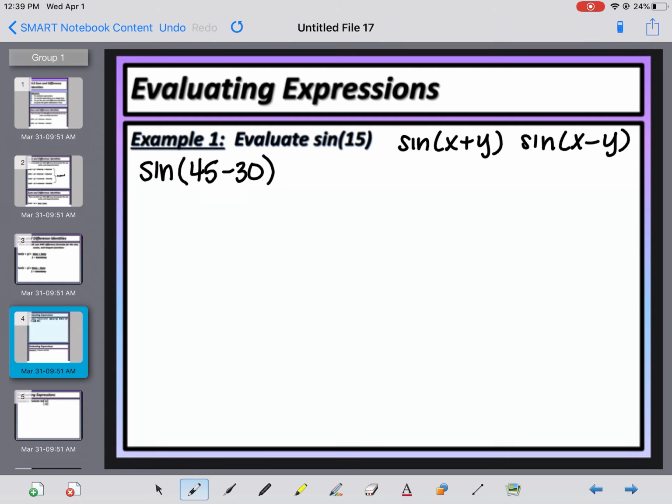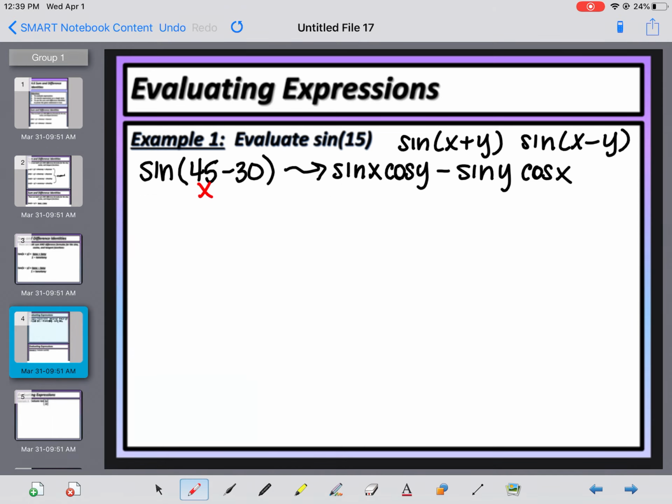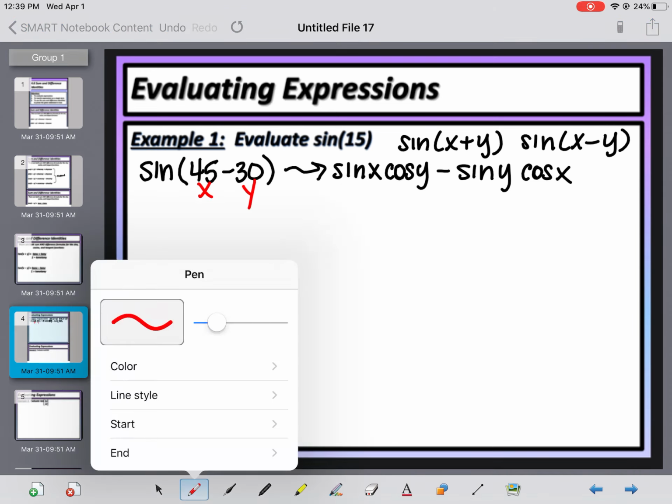Applying our identity, the difference of sine is sine x cosine y minus sine y cosine x. This is going to be my x and this is going to be my y.